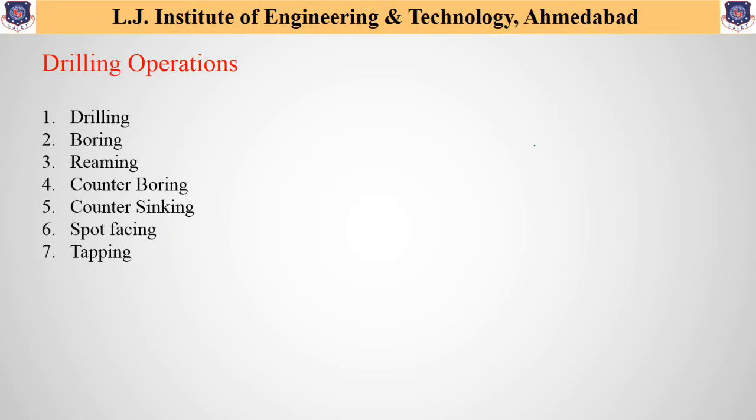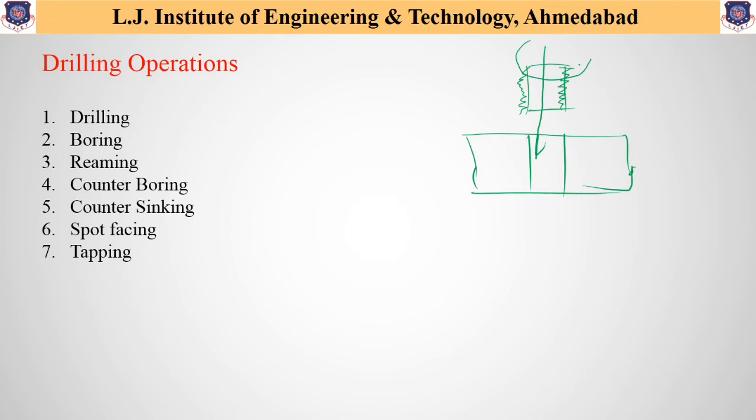So if we see simply from the figure, on an already existing hole, threads can be cut using this tapping tool, which is rotated about its axis and fed towards the workpiece, which during machining operation generates the internal thread in the component.